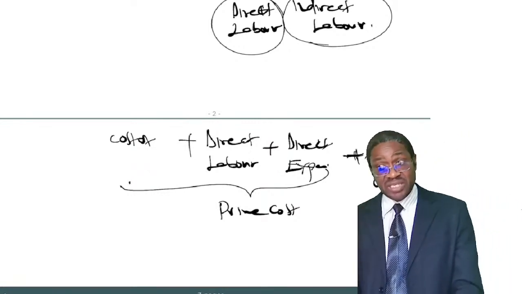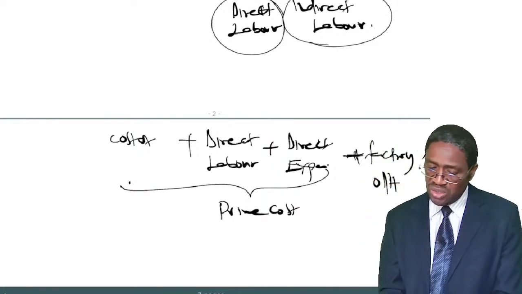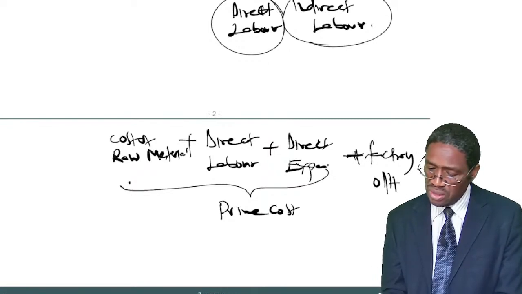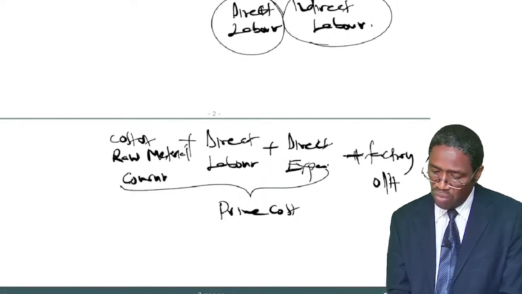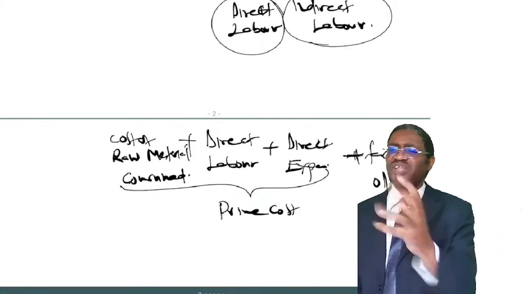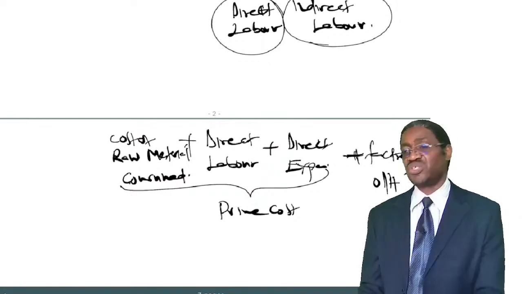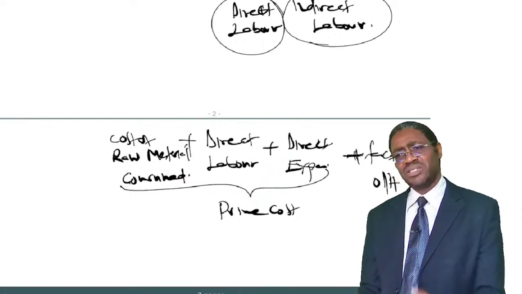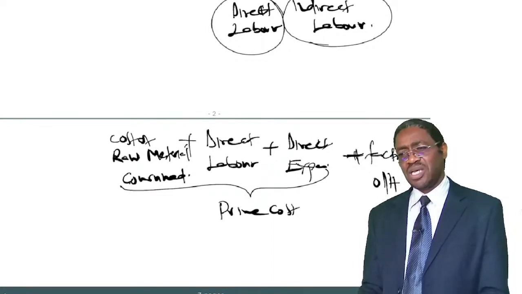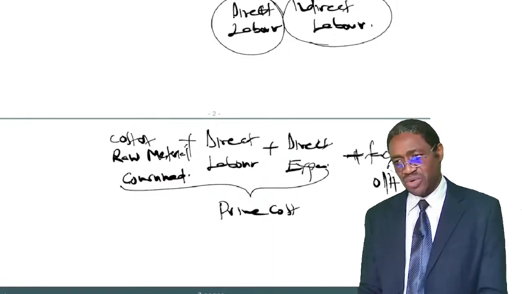So we normally say you take what you call cost of raw materials consumed. How much did you consume of the direct materials or the raw materials? That's what you take. Then you add the direct labor cost, add direct expenses, and get what we are calling the prime cost.